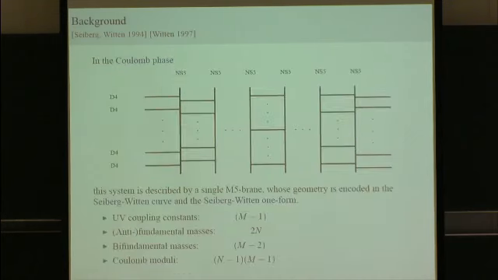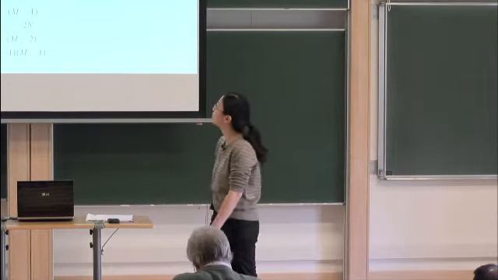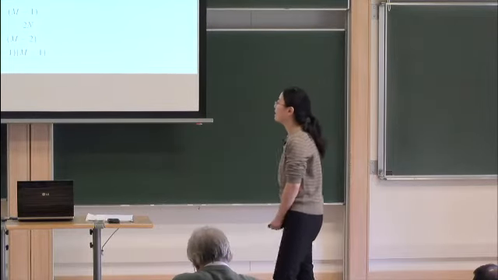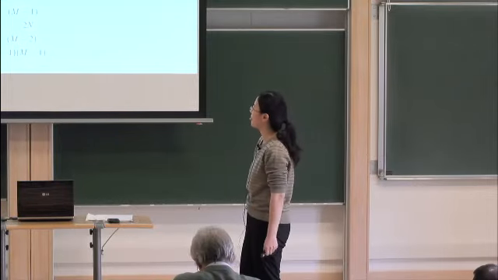Going to the Coulomb phase, all the stacked D4 branes are turned into N single D4 branes. Again, these are NS5 branes, and all the horizontal lines are D4 branes. This system was first solved by Seiberg and Witten in 1994 in terms of a Seiberg-Witten curve and a Seiberg-Witten one-form.